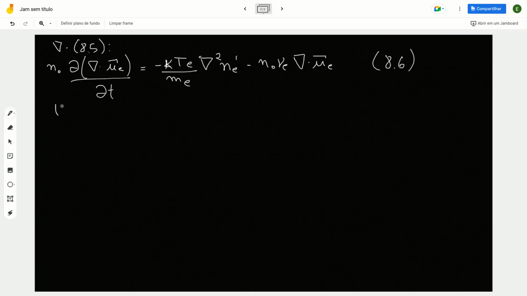So using 8.3, n0 divergence of u, we get this.